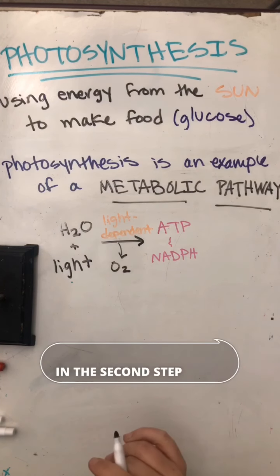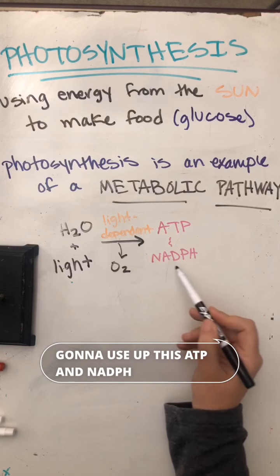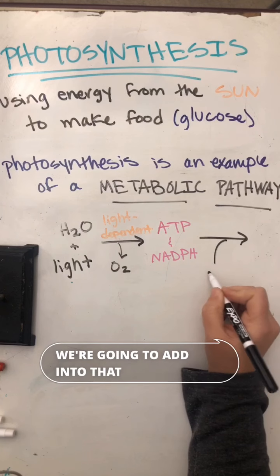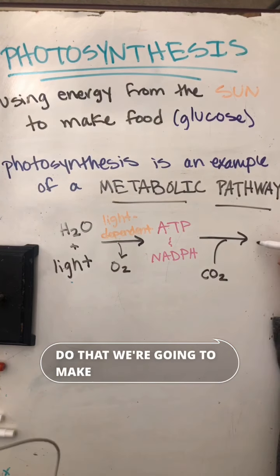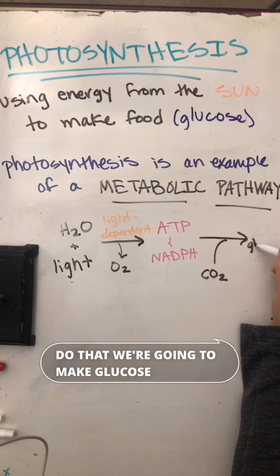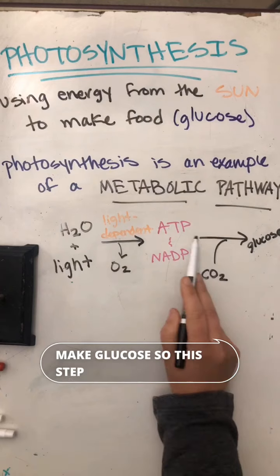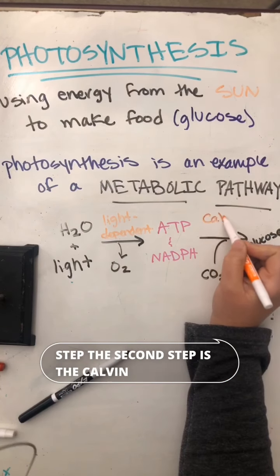In the second step of photosynthesis, we're going to use up this ATP and NADPH, and we're going to add into that some carbon dioxide, and when we do that, we're going to make glucose. So this step, the second step, is the Calvin cycle.